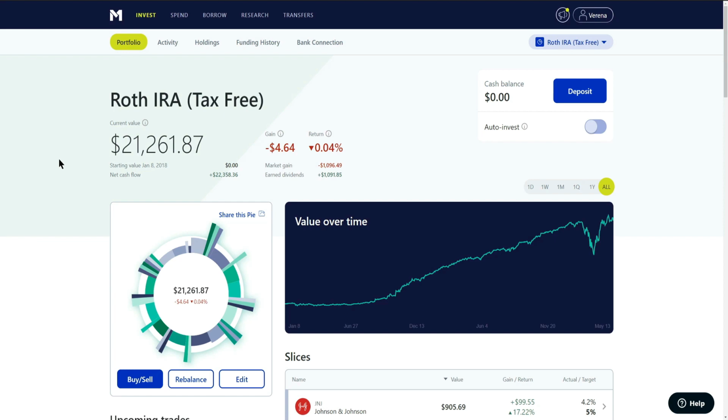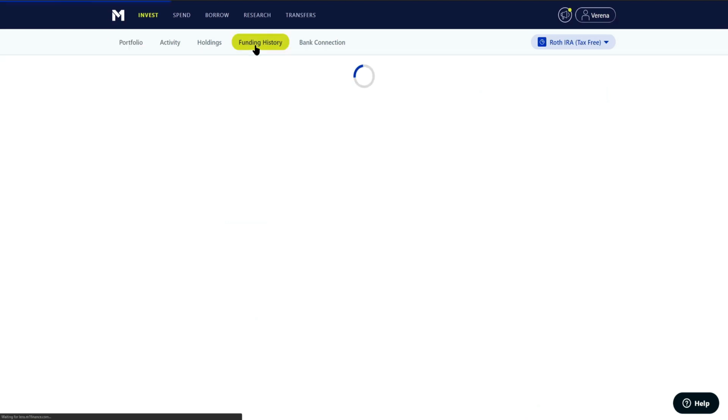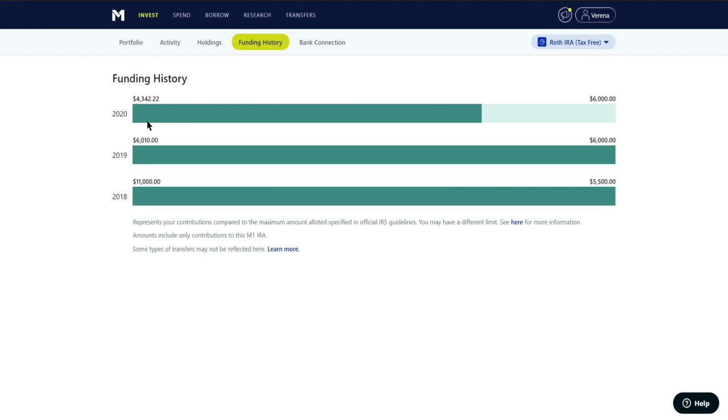So what you will need to do, or at least you'll be able to see here, is head over into your funding history. Now currently in the year 2020, the max limit for the Roth IRA is $6,000.